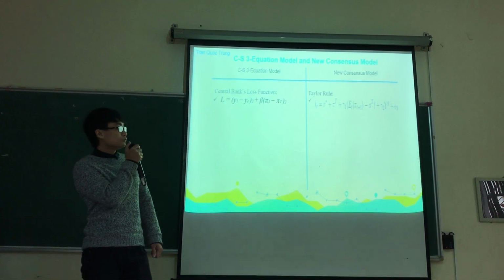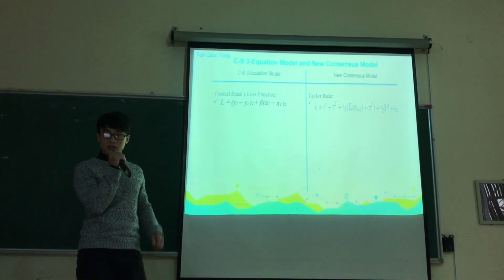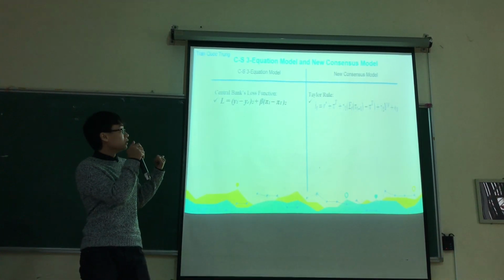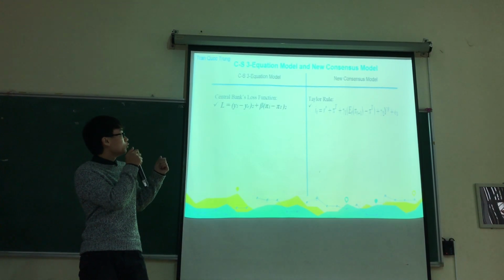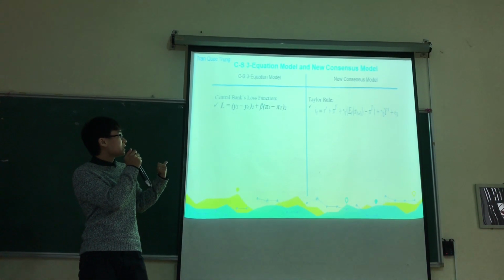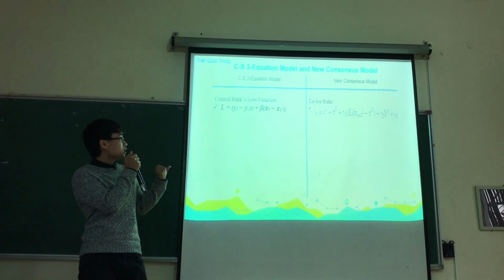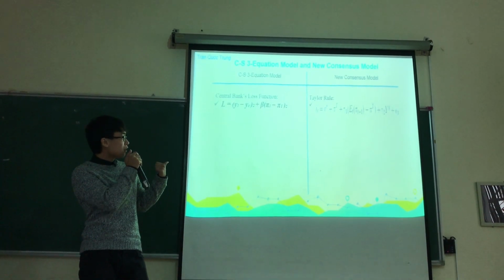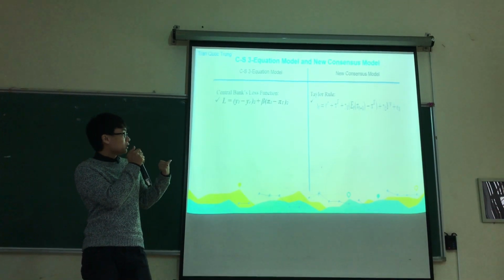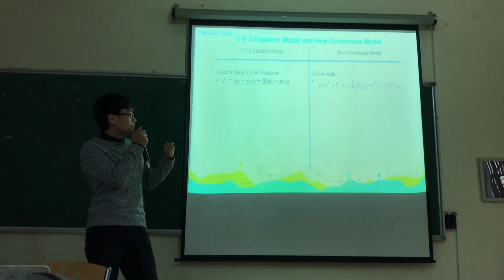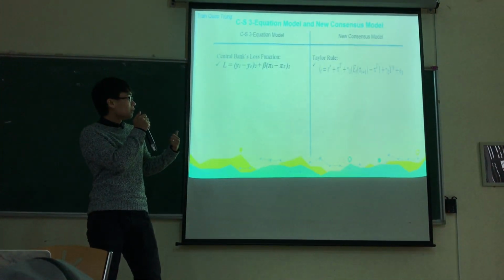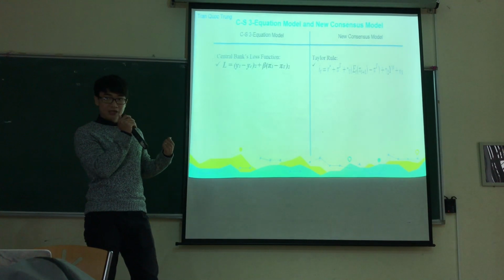After we combine the elements in the two models, in the CF model we have the central bank loss function, which is the output gap squared and the inflation minus the inflation target squared.